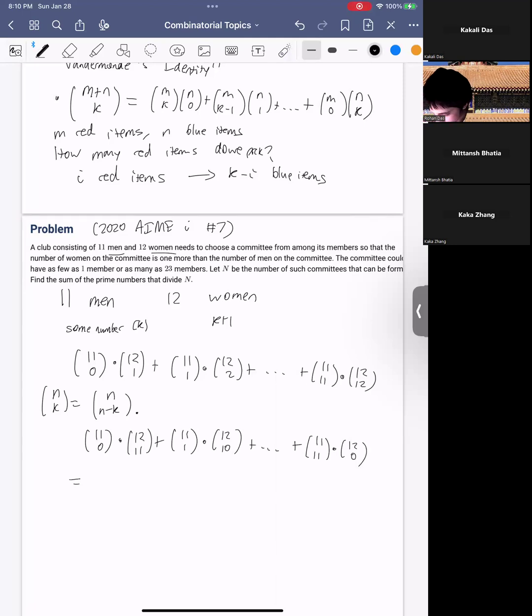By Vandermonde's, this is 11 plus 12 choose 11, which is 23 choose 11. The problem asks for the sum of the prime numbers that divide this, which you can find by writing out the formula as 23 factorial over 11 factorial times 12 factorial. But this is tedious and not really combinatorial, so I'll leave it out.